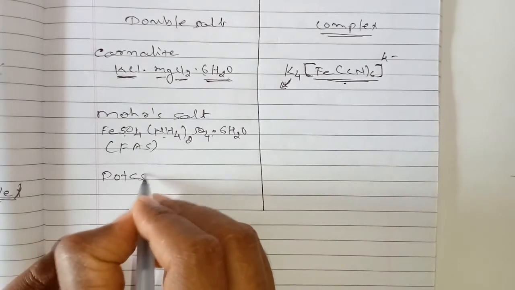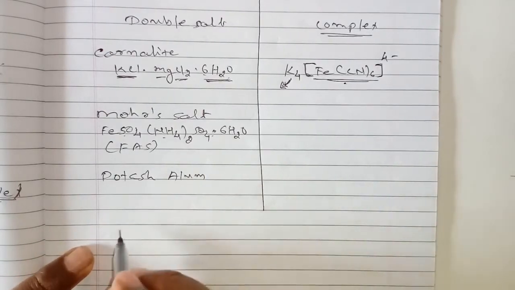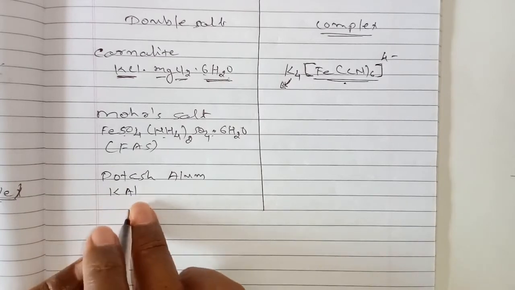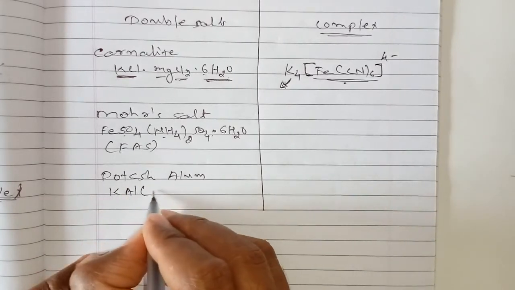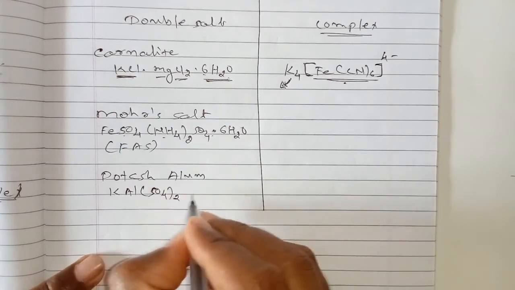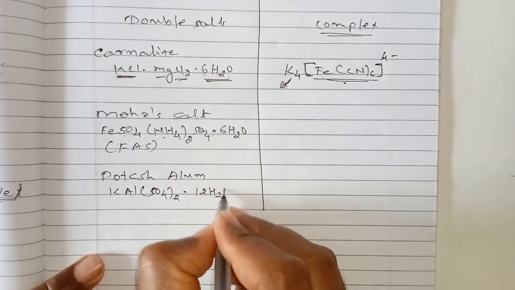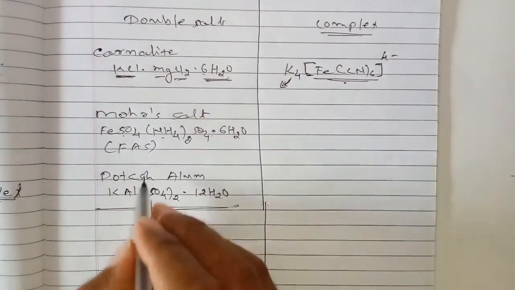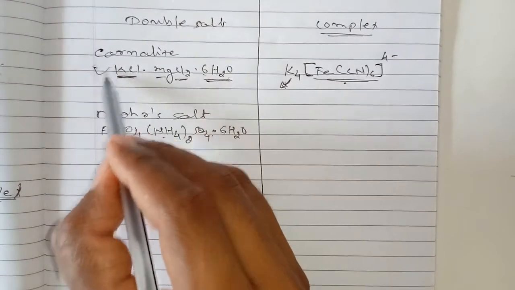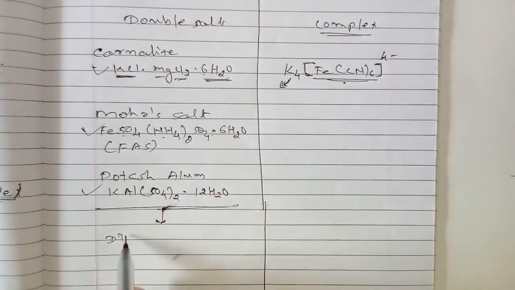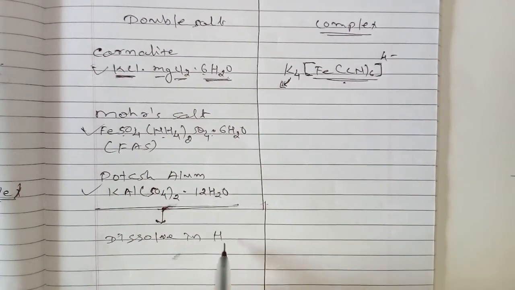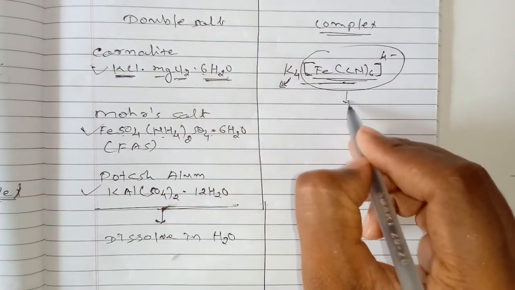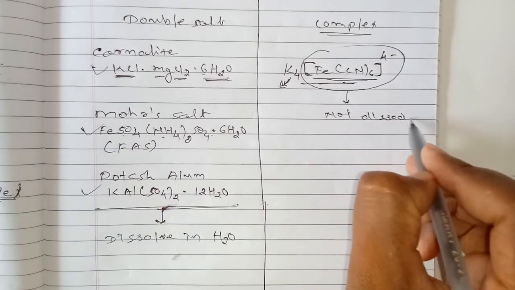The next is potash alum, and its chemical formula is KAl(SO4)2, potassium aluminum sulfate, 12H2O. All these double salts are completely dissolved in water, while the complex entities do not dissociate.